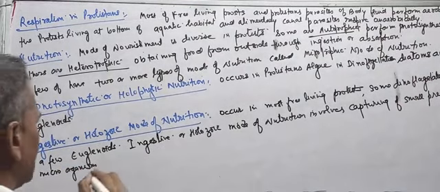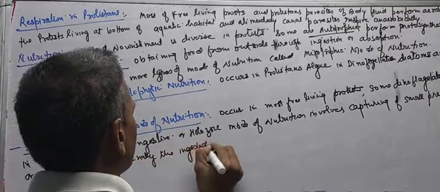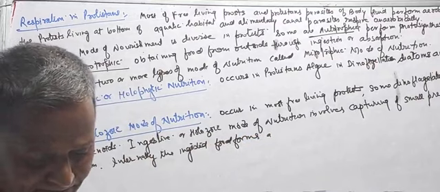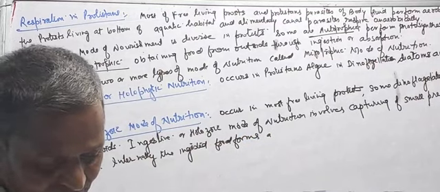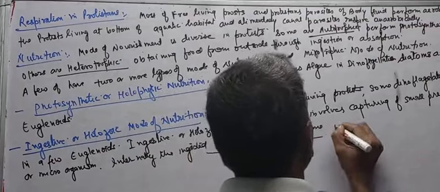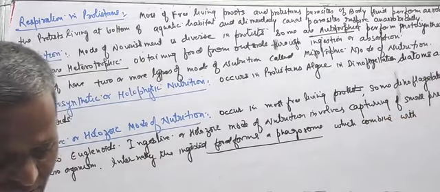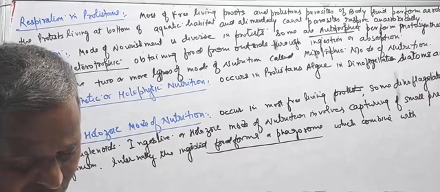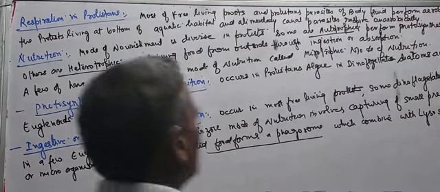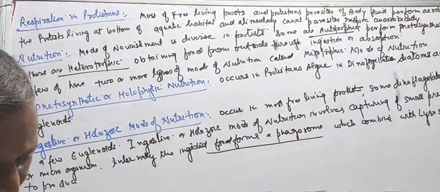Internally, the ingested food forms a phagosome, which combines with lysosome to produce digestive vacuoles.